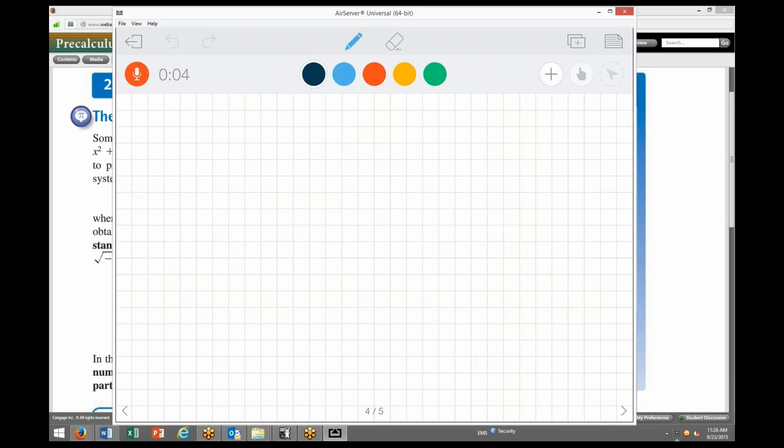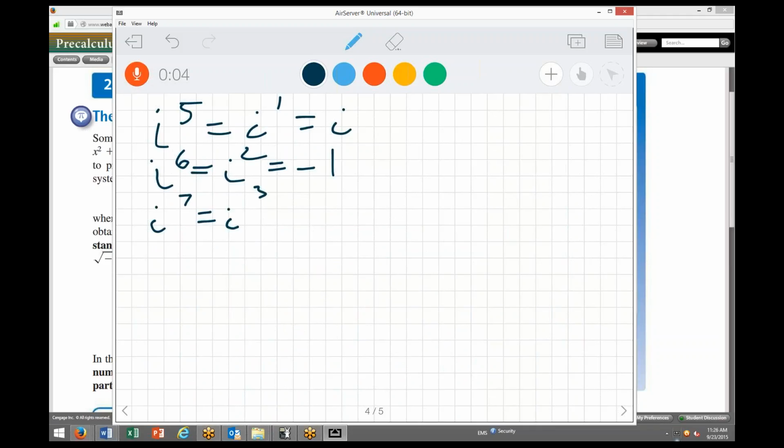So what happens then is i to the fifth is just i to the first. It's just i. i to the sixth is the same as i to the second. It's -1. i to the seventh is i to the third. It's -i. i to the eighth is i to the fourth.